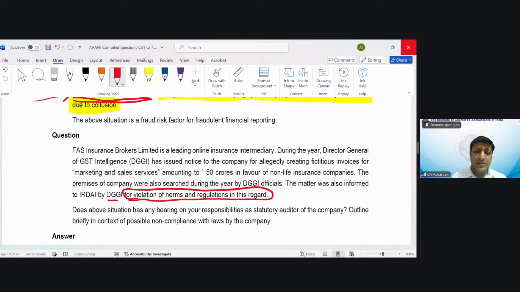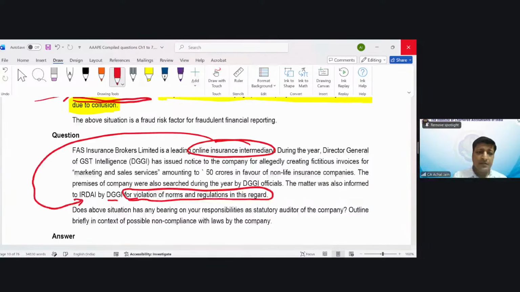See, for insurance companies, there's a regulator, IRDAI. So as far as the company is concerned, it's a matter of concern. Okay, it's important for the company to look into. It could have serious implications for its operations, because some of these regulated companies, you can say, in a way have a license to run.